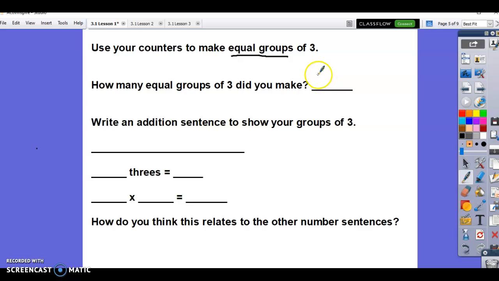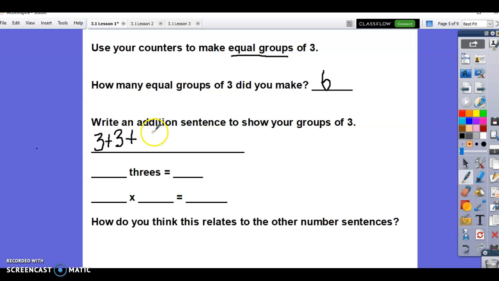So now let's go back and answer some questions about our counters. How many equal groups of 3 did you make? Good, you said when we counted we made 6. Okay, so now we're going to write an addition sentence to show our groups of 3. So when I look at my counters, I have 1 group of 3, 3 plus 3.